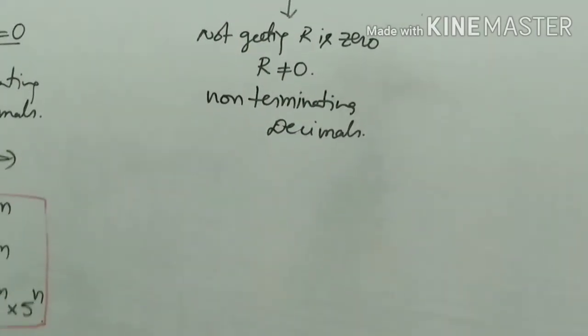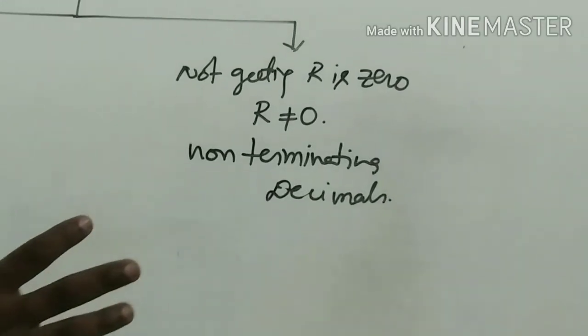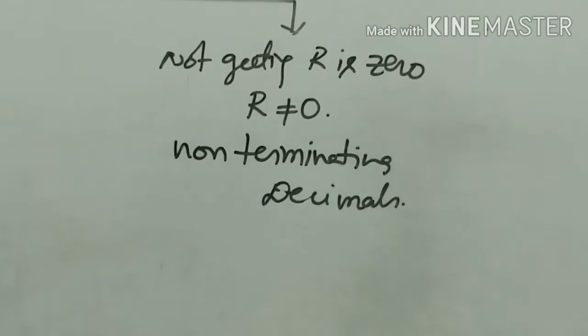Terminating is completed. Now come to non-terminating decimals. Non-terminating decimals mean the remainder is not 0.